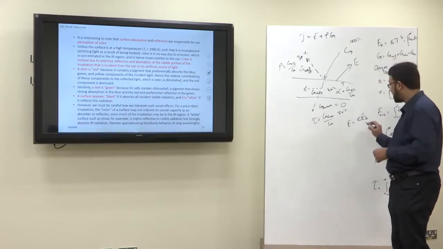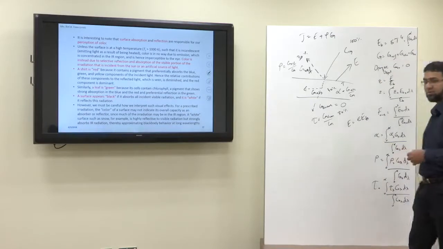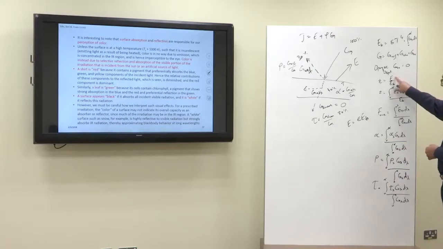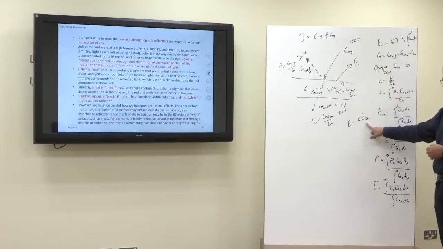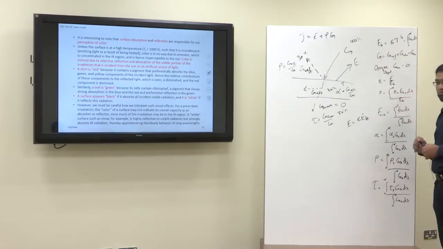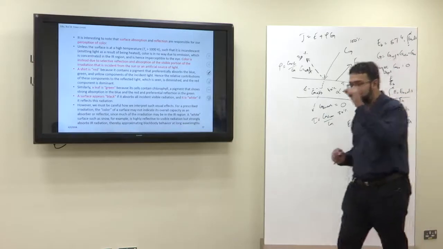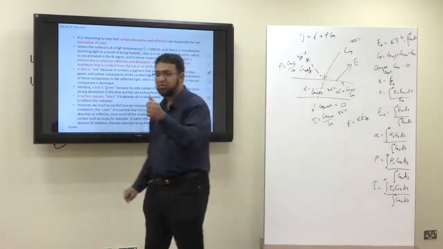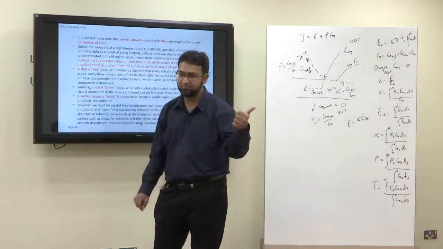I would like to write it as epsilon and EB as functions of lambda, because the EB or emissivity might vary with wavelength.